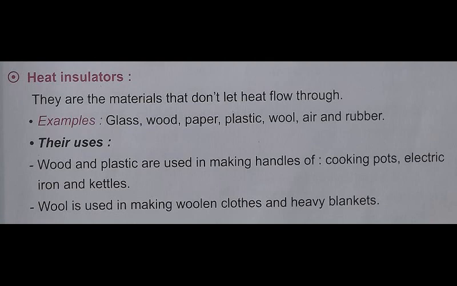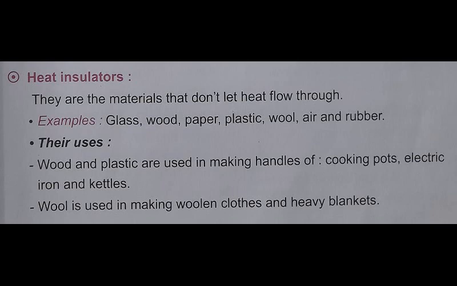Heat insulators: they are the materials that don't let heat flow through, such as glass, wood, paper, plastic, wool, air, and rubber. Their uses: wood and plastic are used in making handles of cooking pots, electric iron, and kettles.